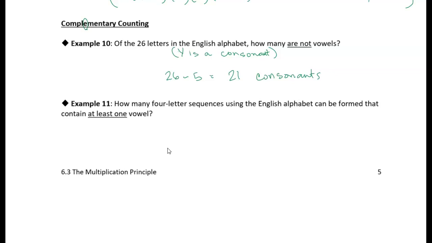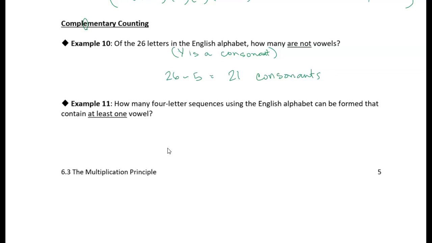So if we tried to count it directly, we'd have to break it down into casework and say, how many ways would there be to select just one vowel? But the vowel could go anywhere. So it gets a little complicated if you try to count it directly. The easier way is to recognize that for at least one vowel, the opposite is the thing you don't want to count: the ones that have no vowels, right?